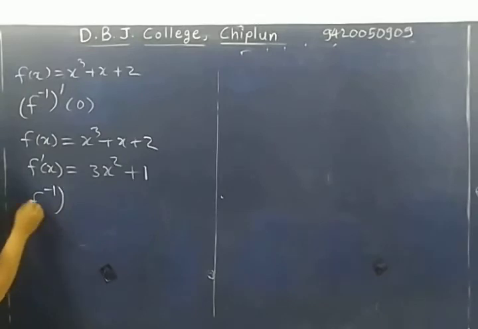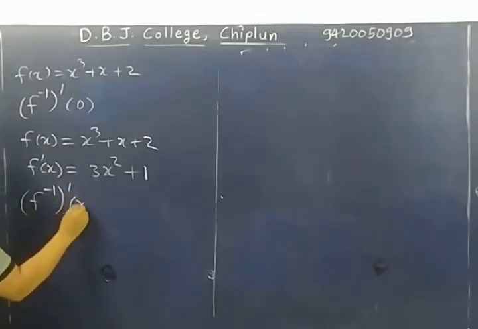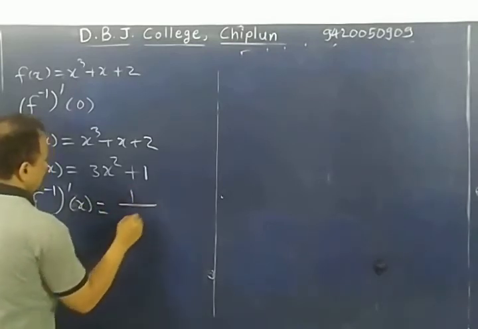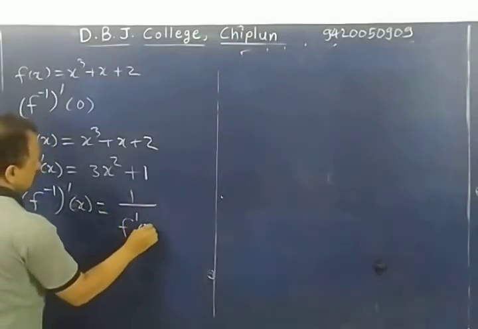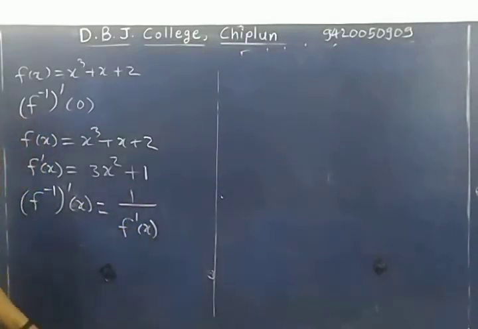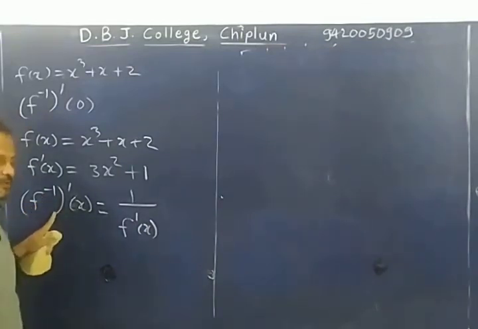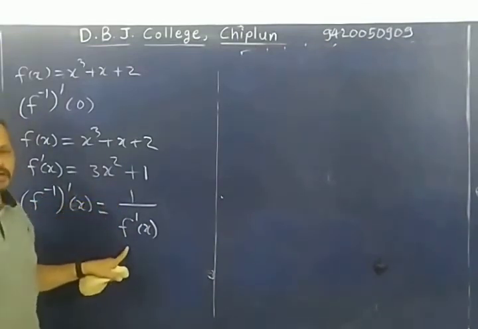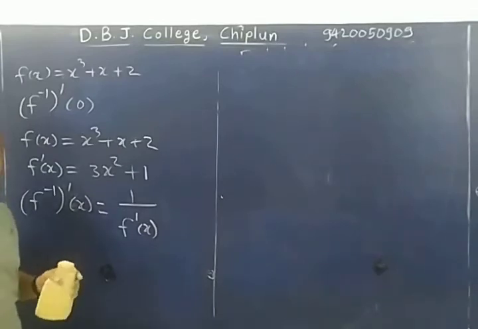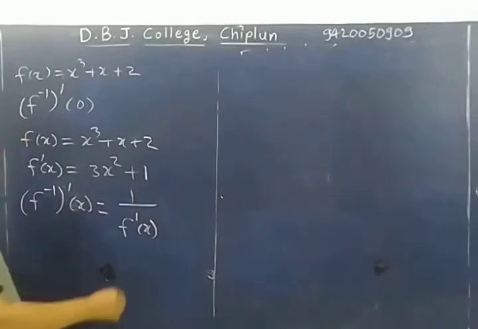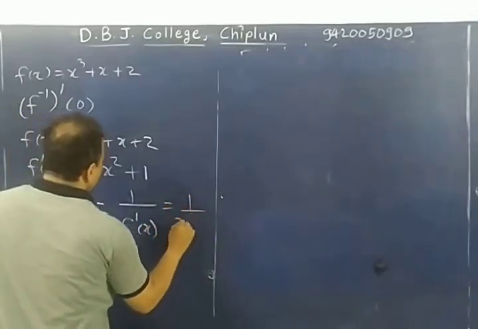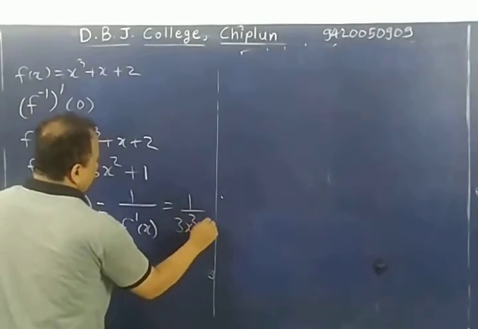By the formula, derivative of f inverse x is 1 upon f dash x. dy by dx, dx by dy is 1 upon dy by dx. The same thing but different notation. Equal to 1 upon 3x square plus 1.